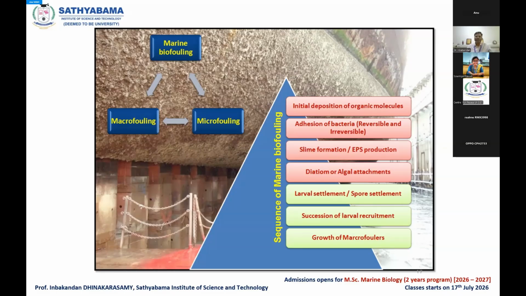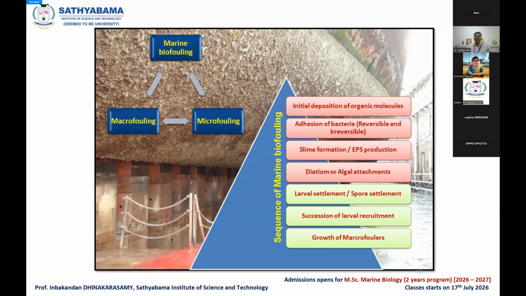It may be a ship hull, or a boat surface, or a cage net, or any kind of underwater tube, or any sensors, or any kind of concrete platform. Once the water and the surface interface have a link, within a second this deposition will happen. This is called the initial deposition of organic molecules.